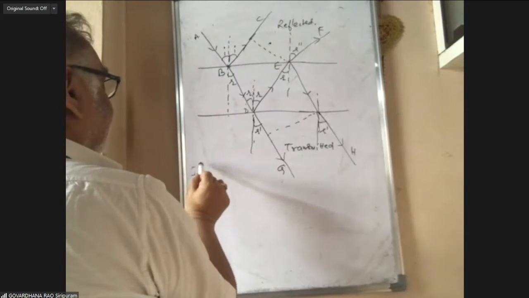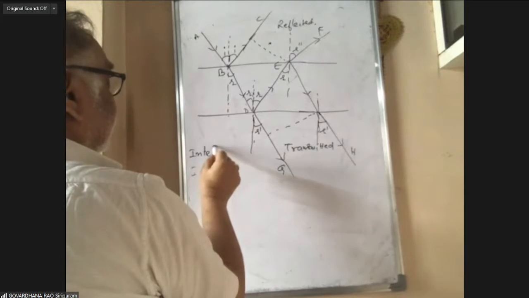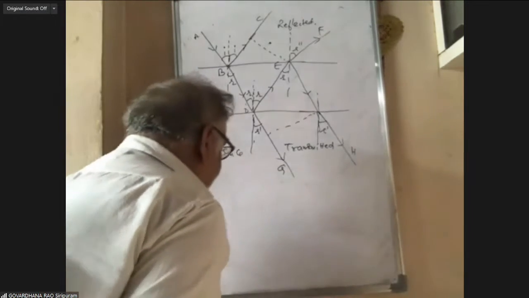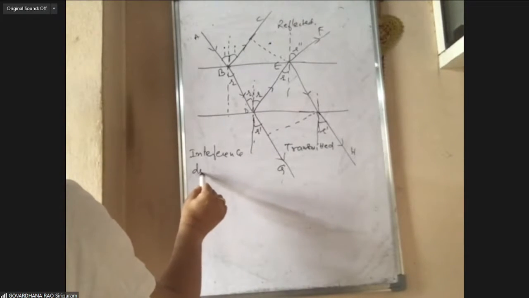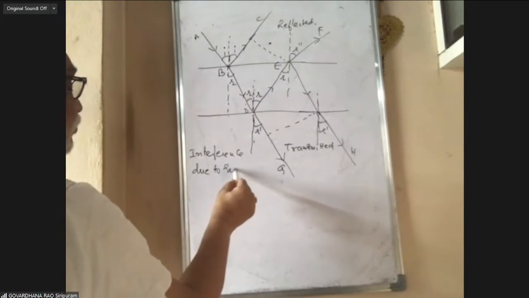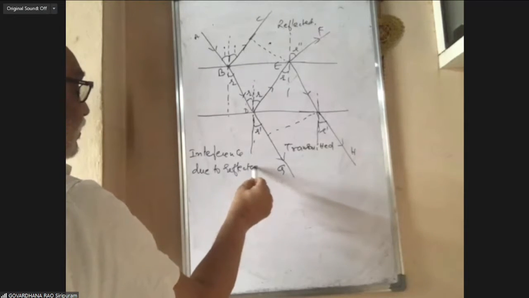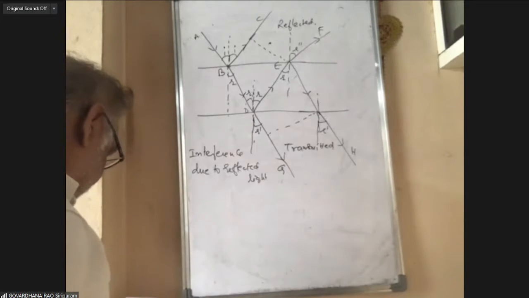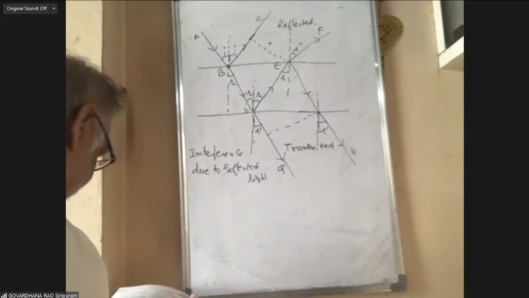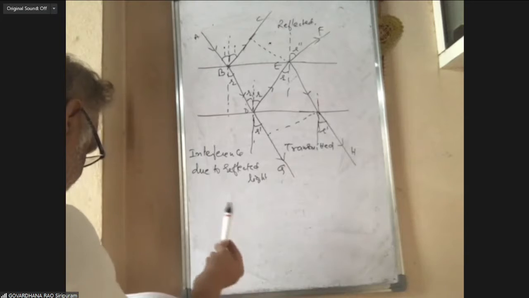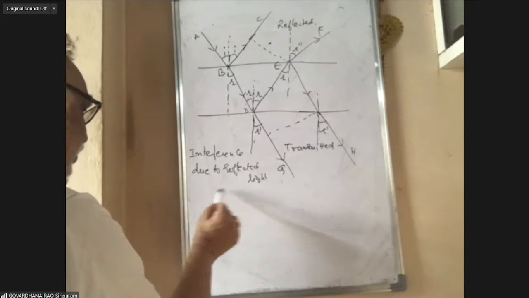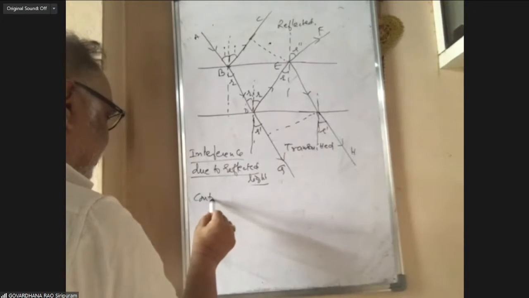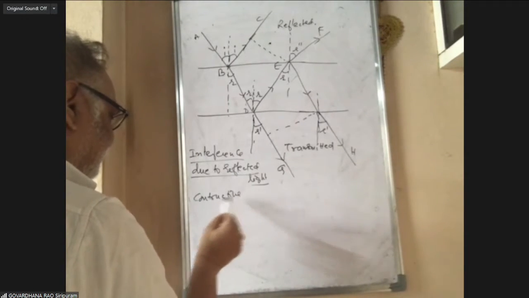Now, first, interference due to reflected light. Interference due to reflected light is the condition for constructive, the bright.